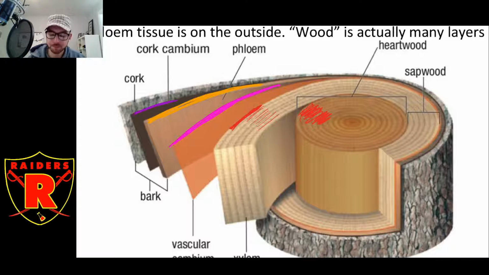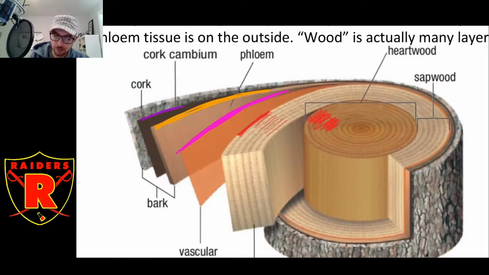If you've ever heard of the emerald ash borer before, the emerald ash borer gets into the phloem. It digs down into the phloem of ash trees. That's why it's the ash borer. So it digs down through the cork into the phloem layer. It comes in here, and then it digs a circle through the phloem all the way around the entire ash tree.